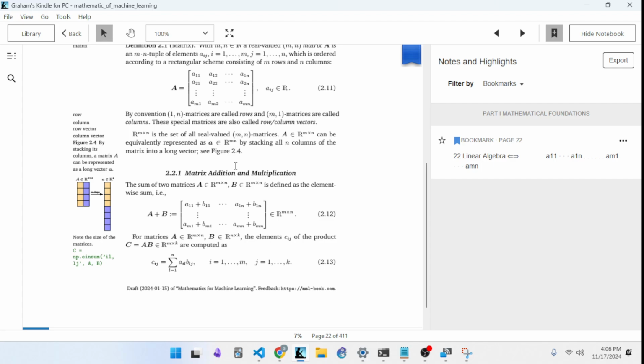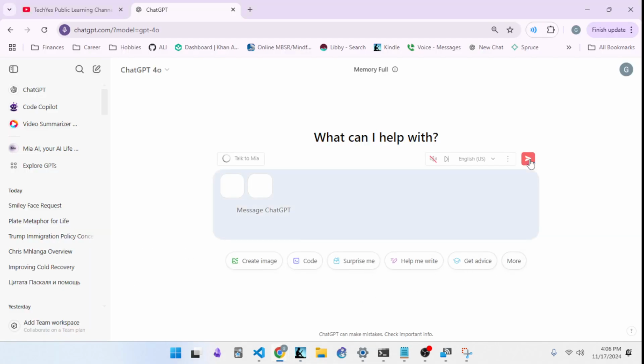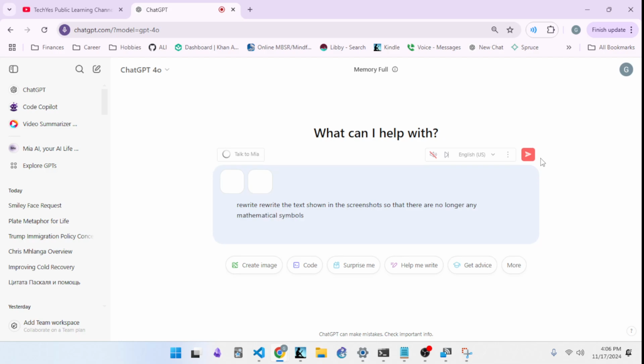All right, so now the prompt is going to be: rewrite the text shown in the screenshots so that there are no longer any mathematical symbols, and instead there is the English that you would unpack to describe the symbols.